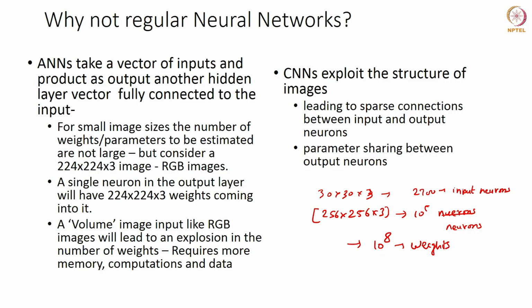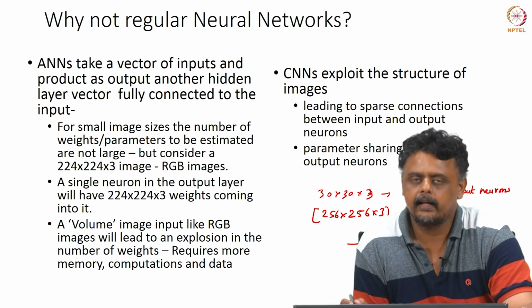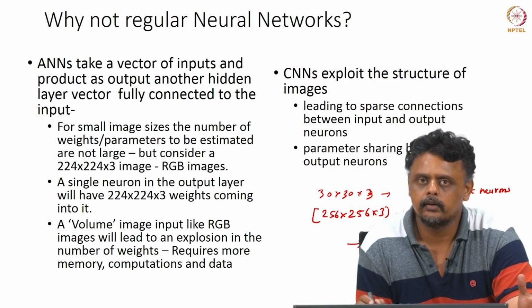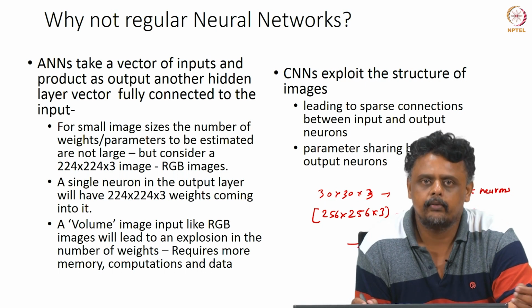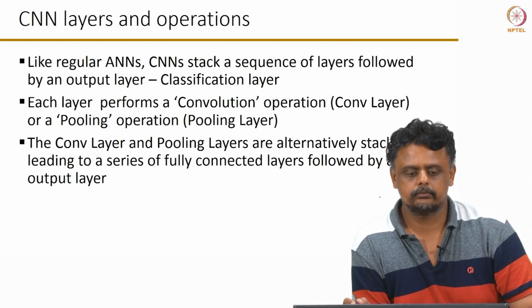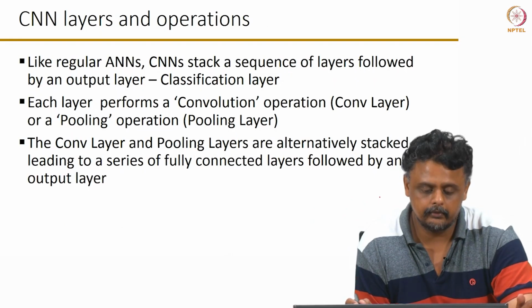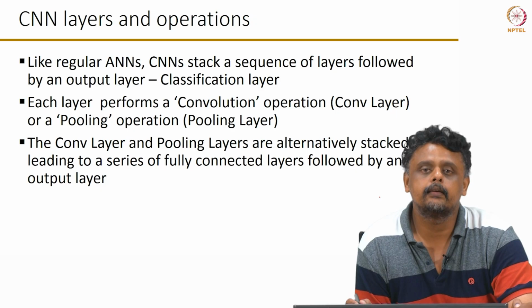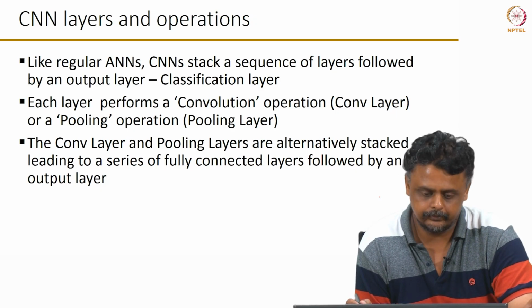We get a sparsely connected network, which means that there won't be as many weights as in an artificial neural network. In addition, there is also parameter sharing, which again reduces the number of weights, and the parameter sharing enables us to exploit the local connectivity in an image.